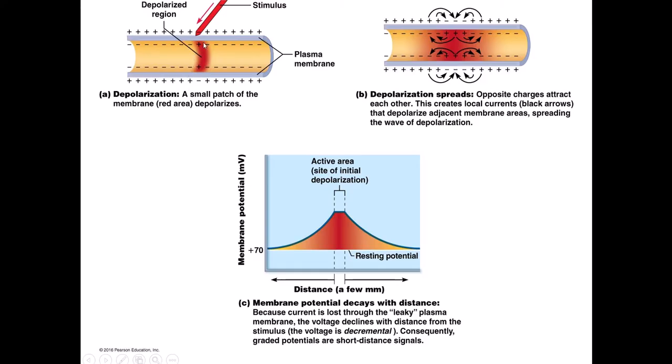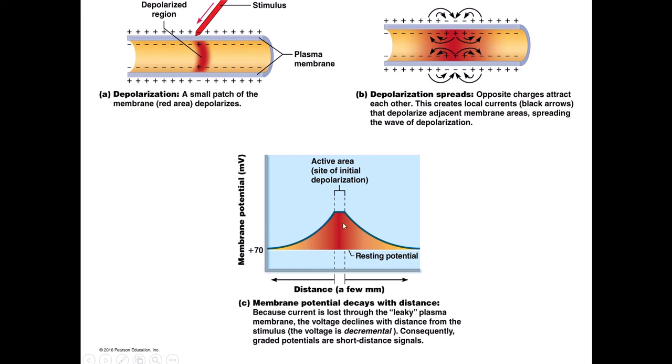So here we have a small portion of the membrane that has been depolarized. That's what you're seeing here in red. It's becoming slightly positive inside the cell as opposed to negative. And that's going to affect ion channels in the nearby parts of the membrane. So we get all these little local currents, these little local membrane potentials that are changing, and that spreads the depolarization.